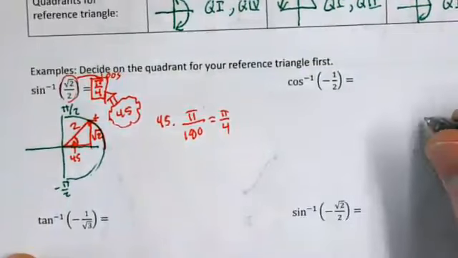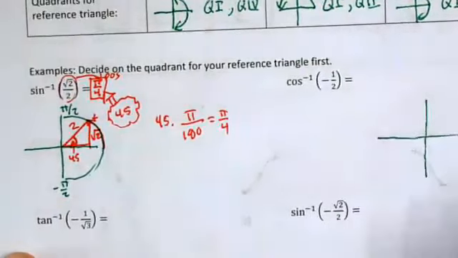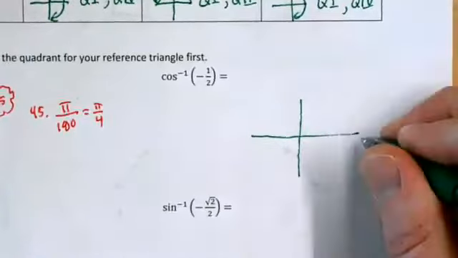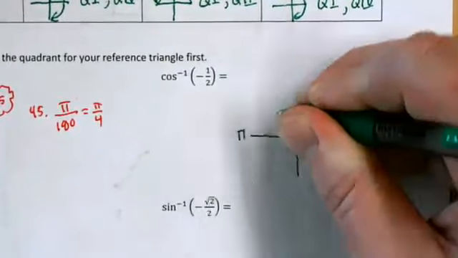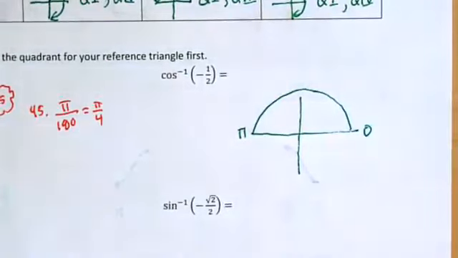Inverse cosine. Let's remind ourselves about the rule for inverse cosine. It's only going to give us angles between 0 and pi. So we're talking about these top two quadrants up here for a reference triangle.